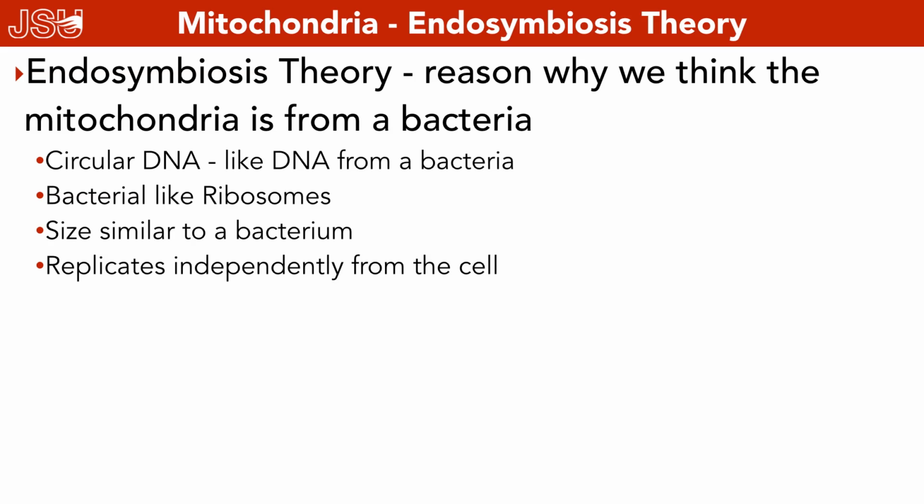It's similar in size to a bacterium. You look at the size of a mitochondria and you look at the size of something like a bacilli, they look pretty close to each other. And also it replicates independently. All these reasons combined, and we think that the mitochondria comes from a bacterium. That's the endosymbiosis theory. Any questions?